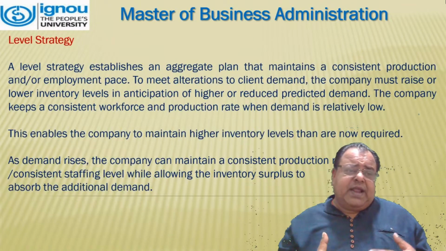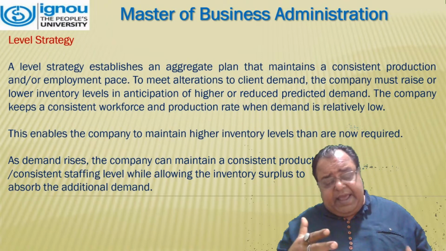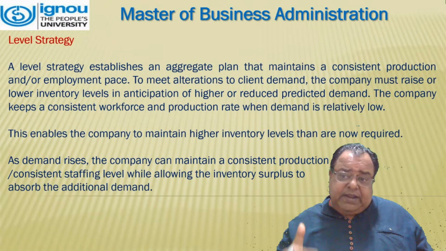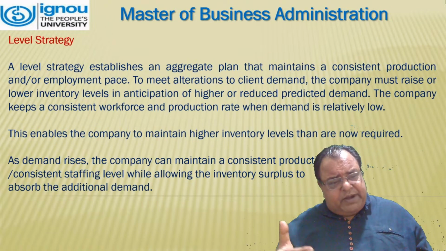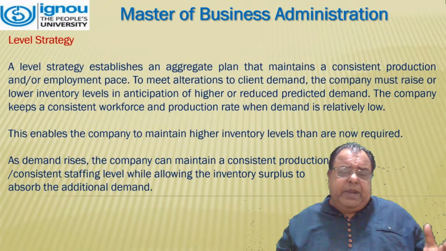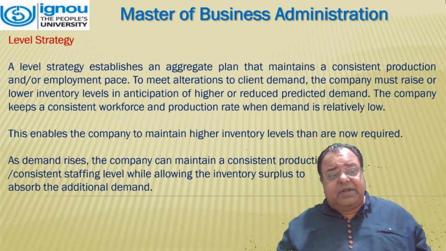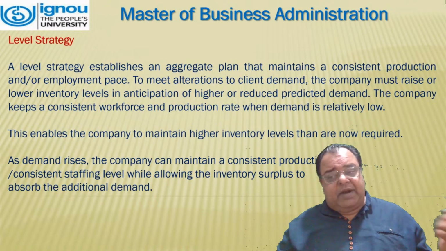The second one is level strategy. This establishes an aggregate plan that maintains a consistent production and employment pace. To meet alterations to client demand, the company must raise or lower inventory levels in anticipation of higher or reduced predicted demand.